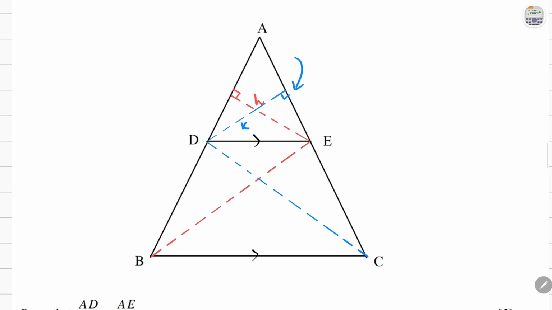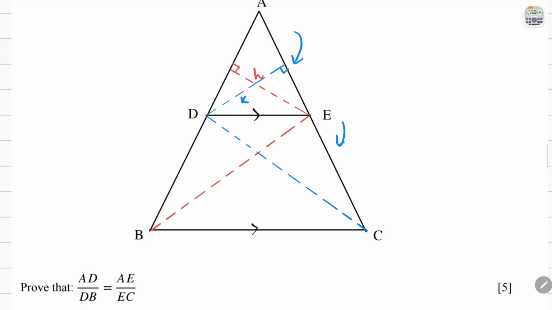You can see that this is this triangle DEC. So DEC has this base EC, and what is its height? Well, that would also be measured from the highest point of this triangle DEC down to the extension of the base, and it's perpendicular to that.